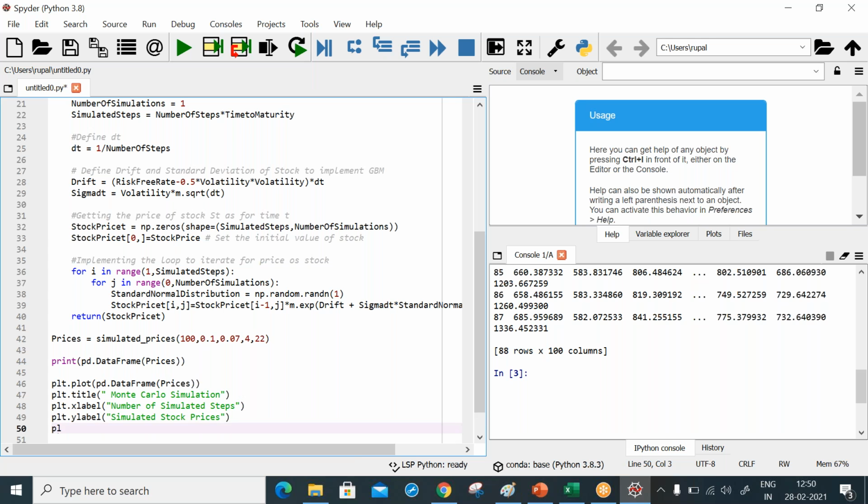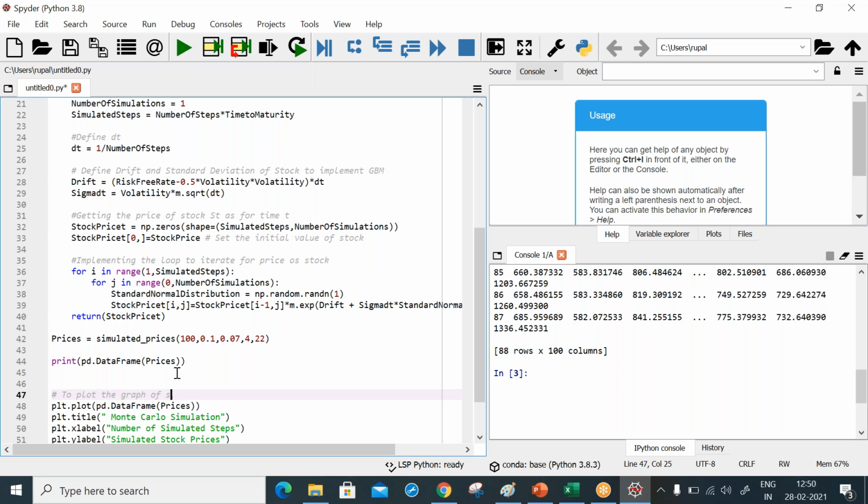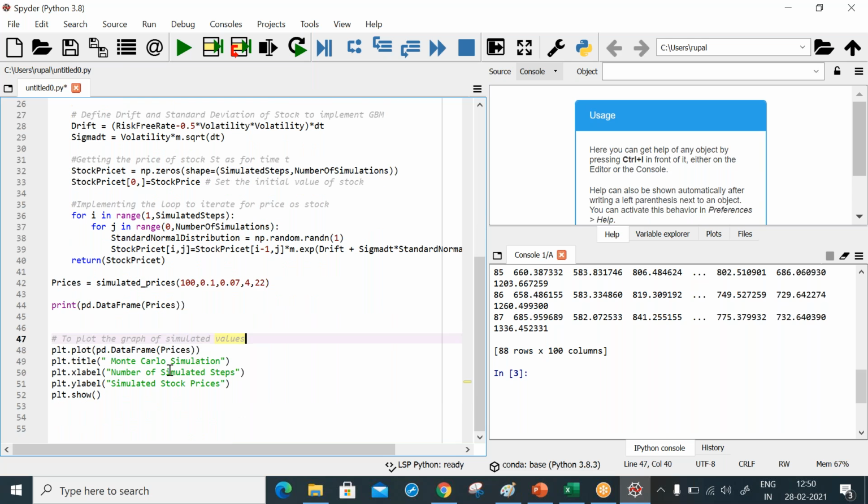And the last is to call plt dot show. I will just put a comment: to plot the graph of simulated values. That is our agenda.